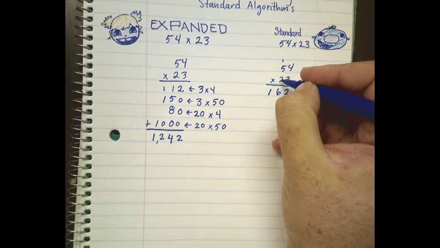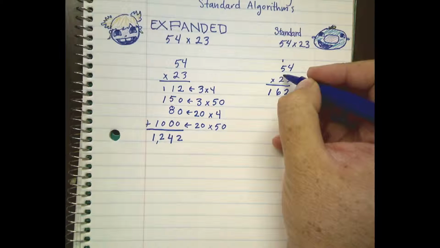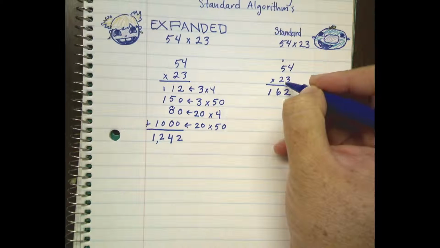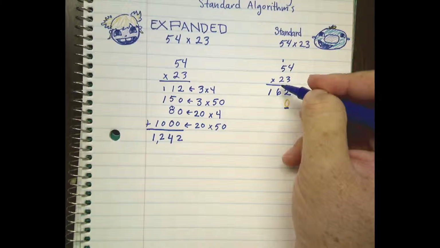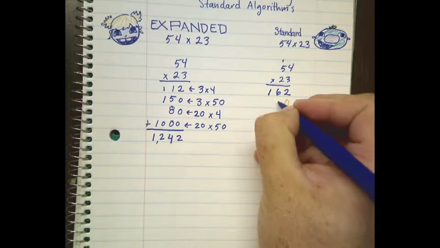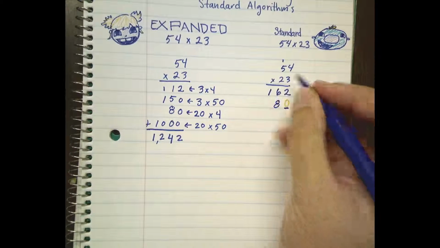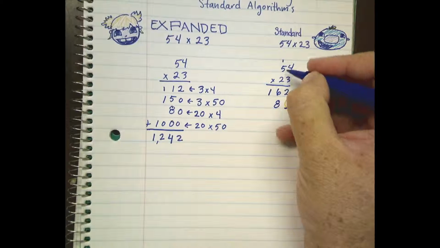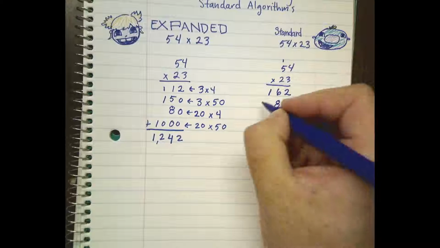Since we have 20, this is 2 tens, so that's why we're starting here. 2 times 4 is going to be 8, so I'm going to write that right here. And then 2 times 5 is going to be 10, so I'm going to write that right here.